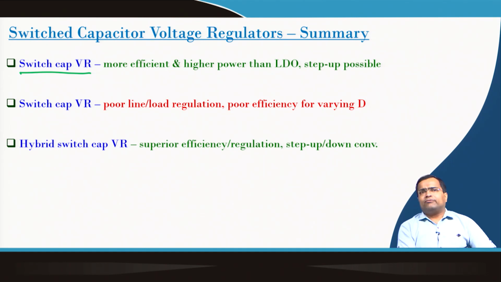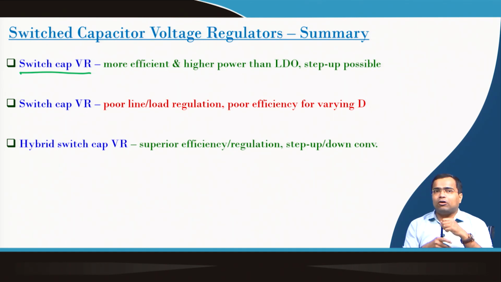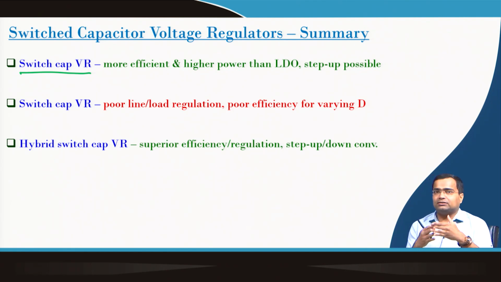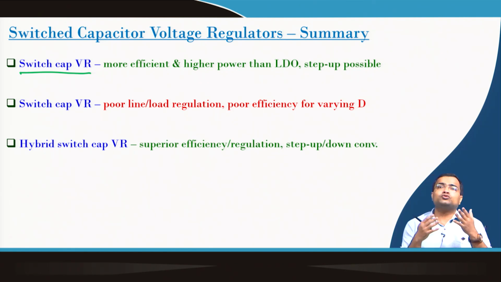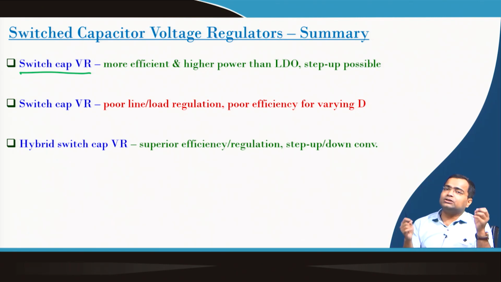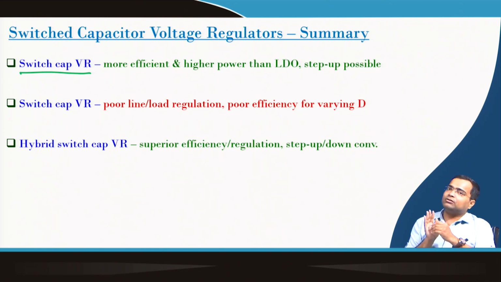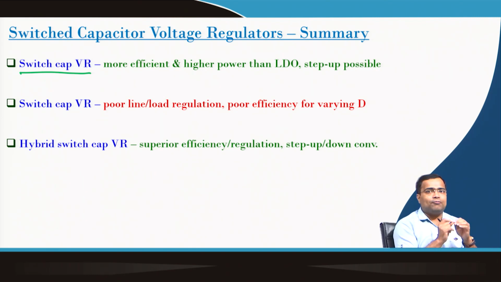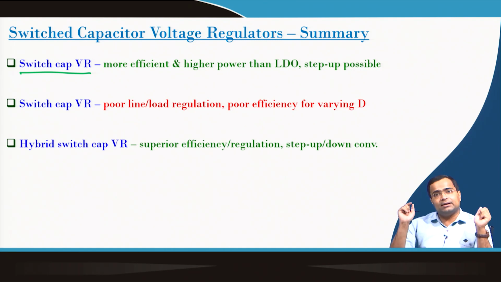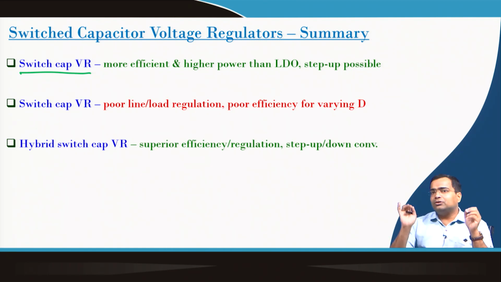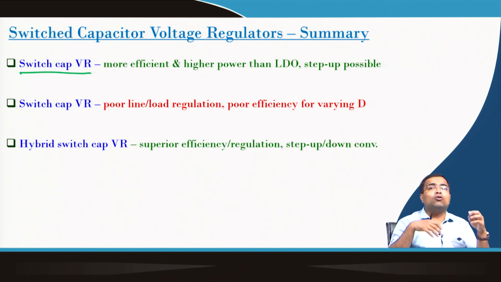Hybrid switch capacitor voltage regulators offer superior efficiency as well as regulation compared to a pure switch capacitor converter, but of course at the cost of inductance, which also decreases the power density. Whereas for the pure switch cap we can go for fully on-chip implementation, for the hybrid switch cap, depending upon the inductance value, we may not always be able to go on chip.